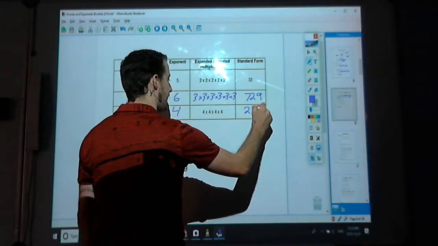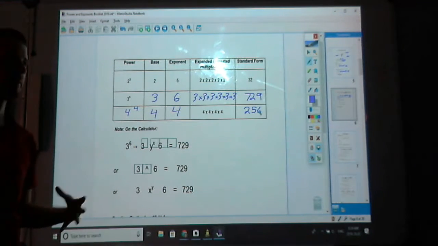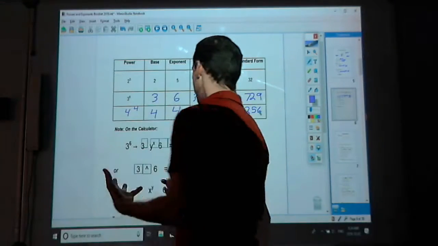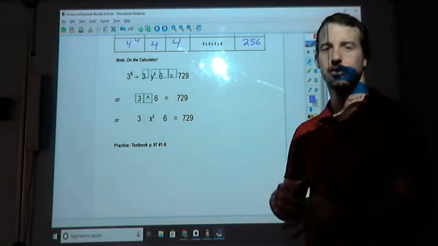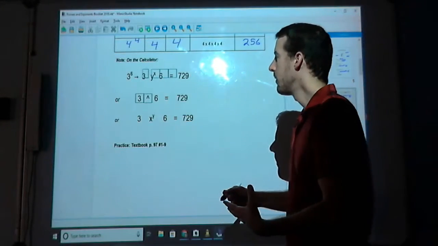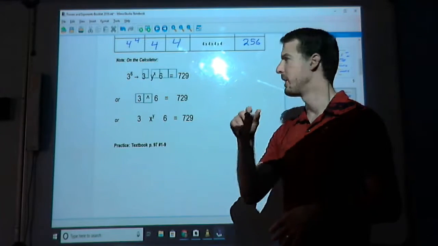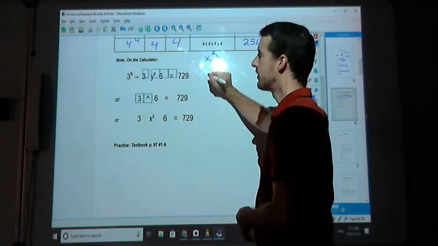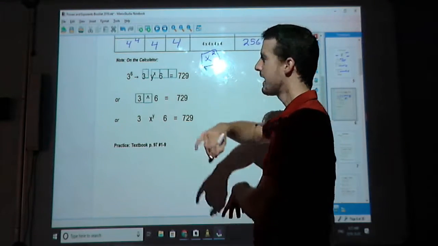To simplify your life and make things a little bit easier, we are going to be using our calculators. There's a few different ways you might find how to do a power. The easiest one, if you're doing a number that's squared, there's usually a little button that looks like x to the power of 2. This button on your calculator will automatically square anything.